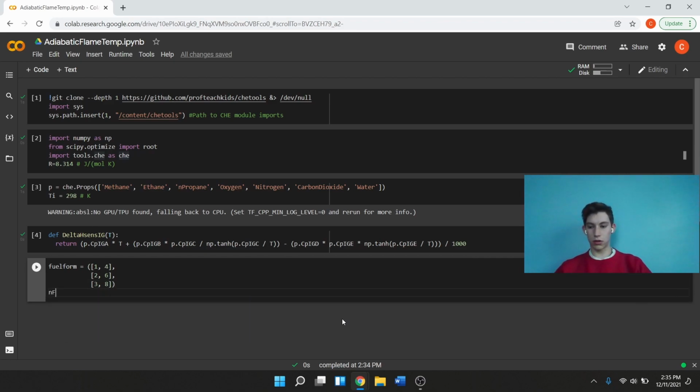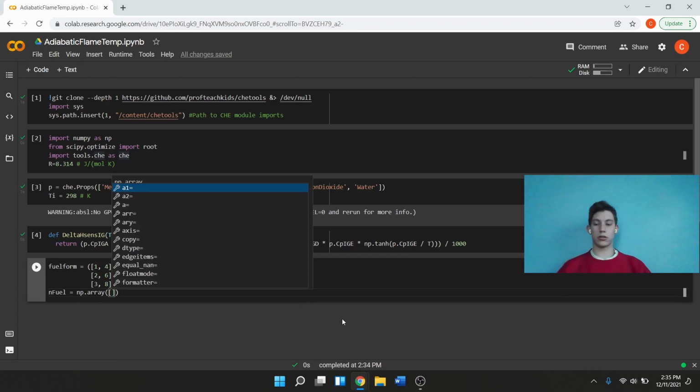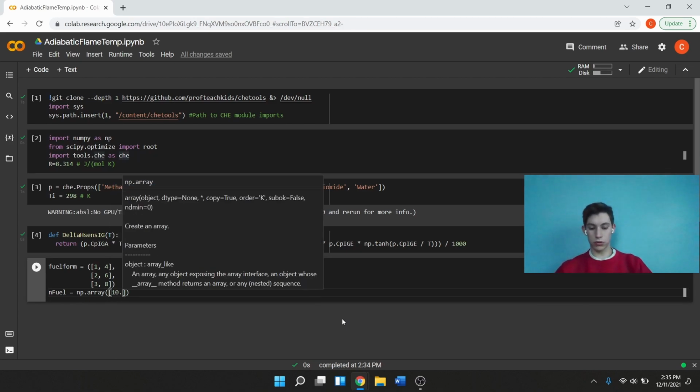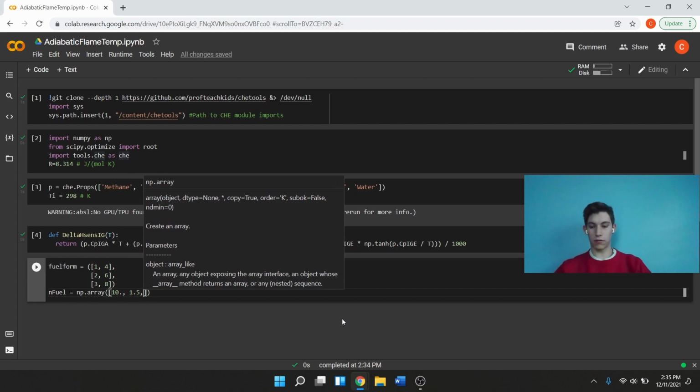The moles of the fuel are desired to be 10 moles of methane, 1.5 moles of ethane, and 1 mole of propane.